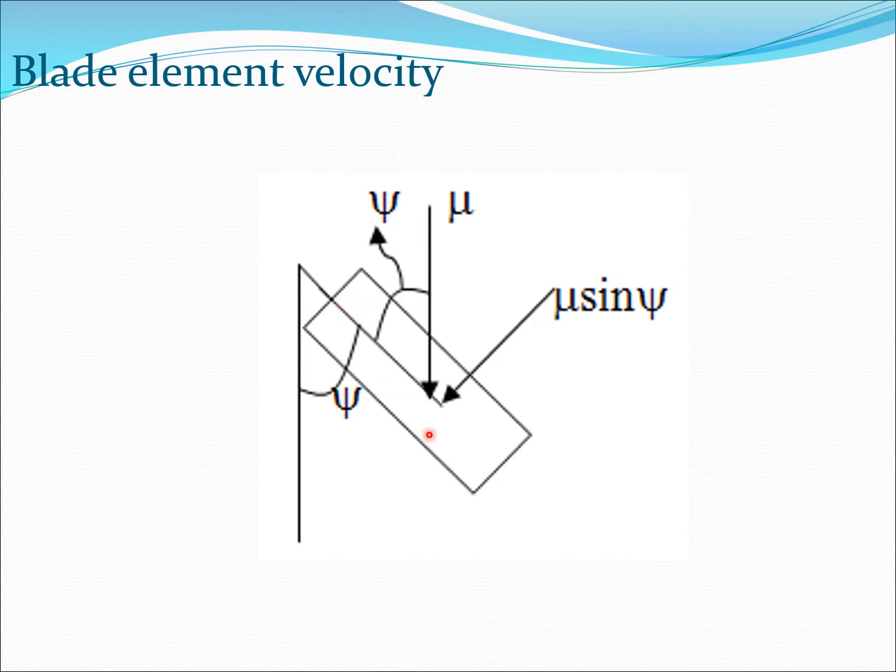So if we zoom into this particular section, we can clearly show that the mu is coming in front, and because this blade is at some location psi, from psi 0 degree here, the component in this direction is mu into sine psi. And also you can imagine that there is going to be one more component here which is mu into cosine psi, that is the radial component.